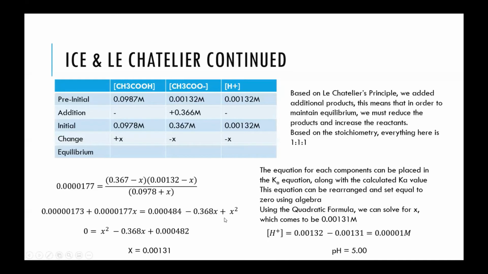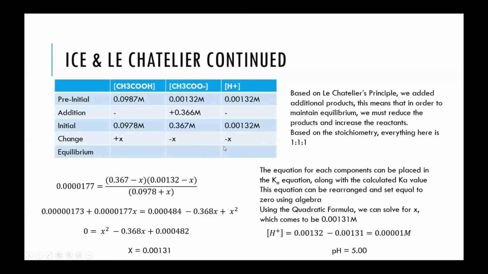And when you use the quadratic formula, there are two solutions, and you really need to pay attention. You can do either plus or minus the square root, so it gives you two x values.